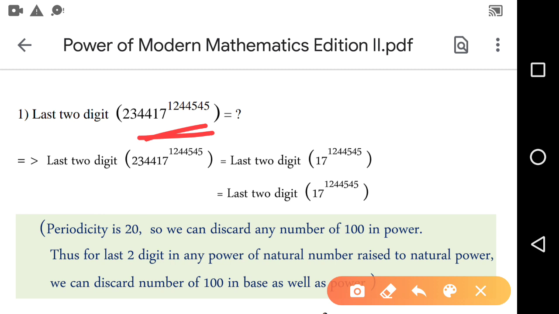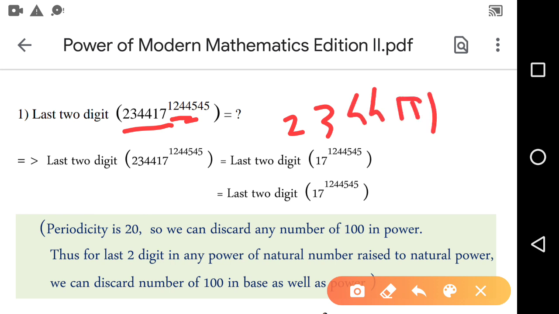For the last two digits, we know any odd number raised to power 100 ends with 01. So this number raised to up to this power, 234417 raised to this 1244500, gives 01. Now we multiply it by this 17.